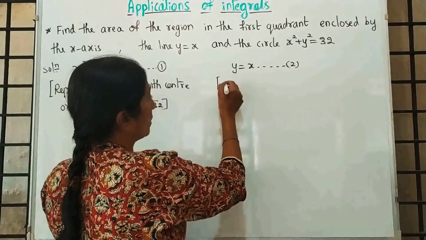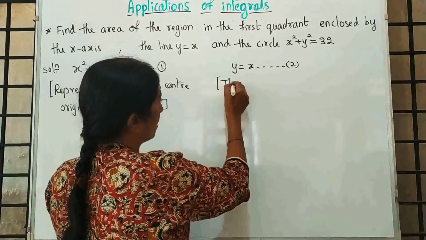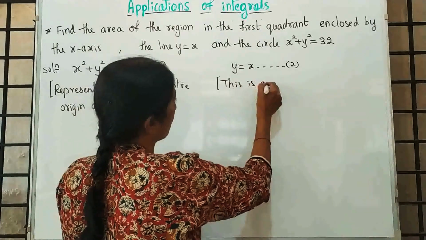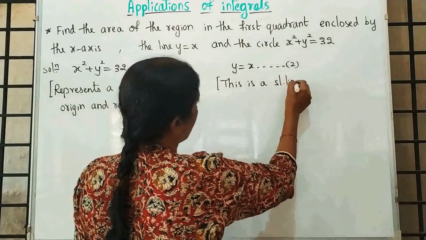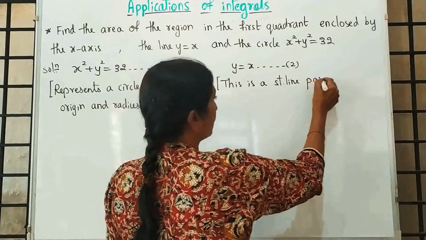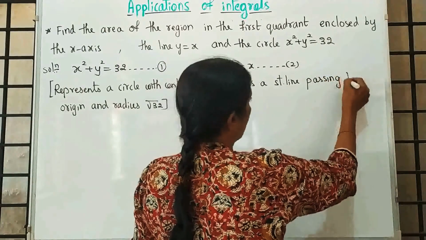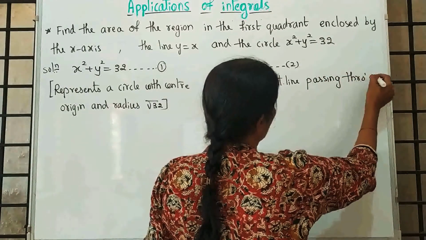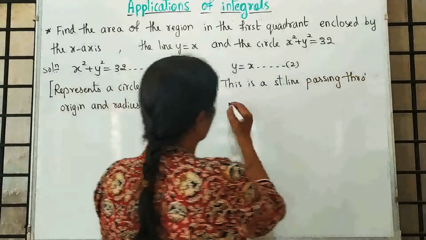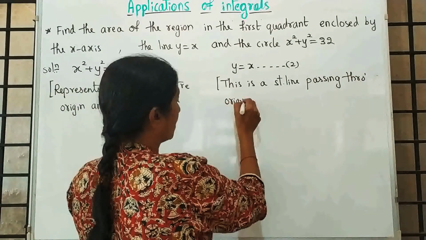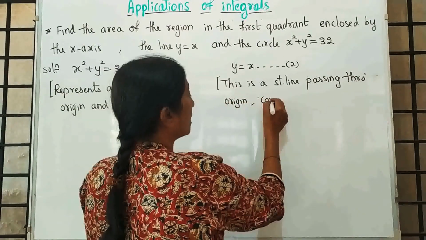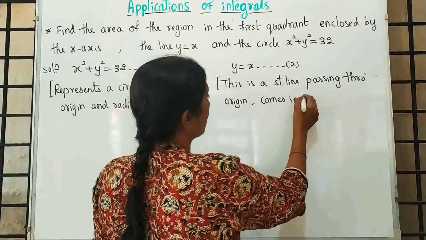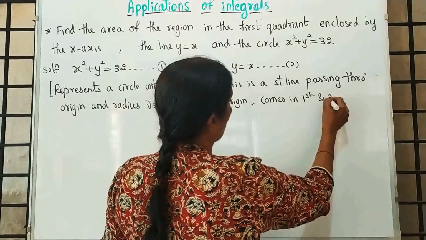Again for your reference, this represents a straight line passing through origin. Passing through origin, it comes in first and third quadrant.